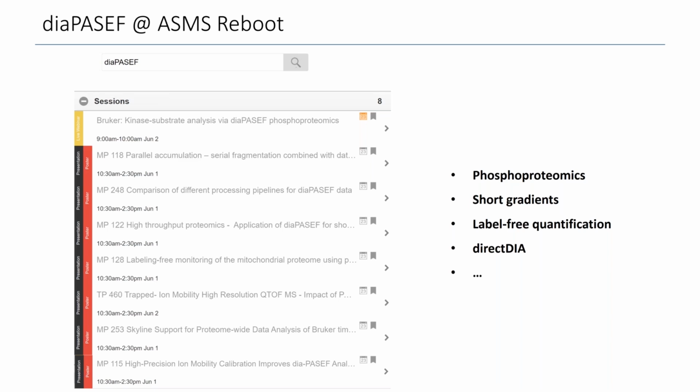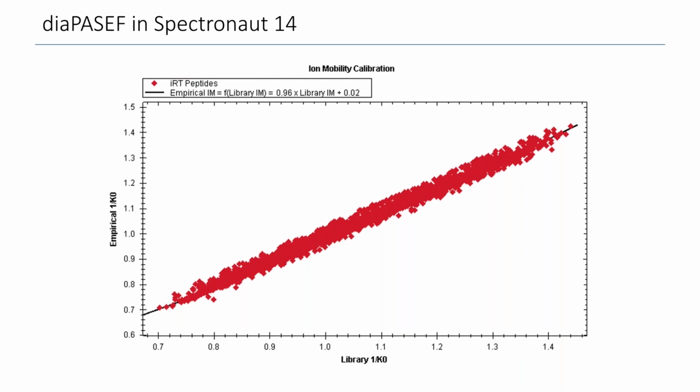But I want to quickly go back in the last section of my talk to a more fundamental observation that we have had looking at our data. If you analyze your run in Spectronaut, there's this other nice tab that is showing the ion mobility calibration. So it's basically calibrating your empirical run to the library 1/K0 or the library ion mobility.